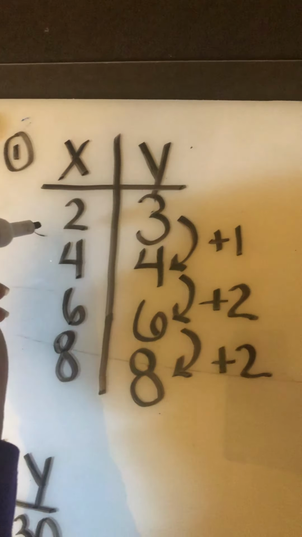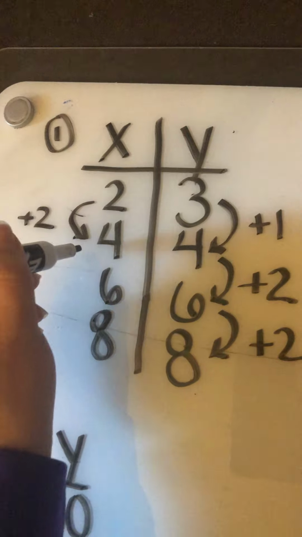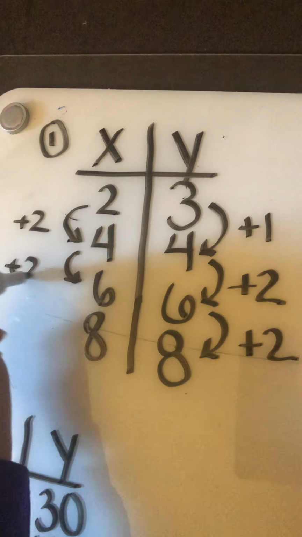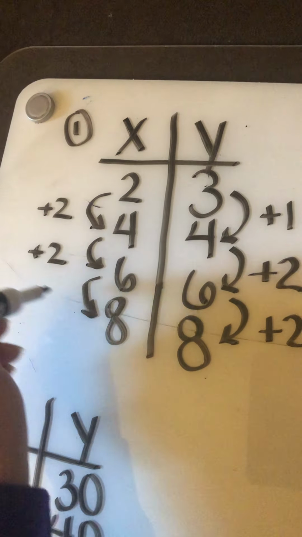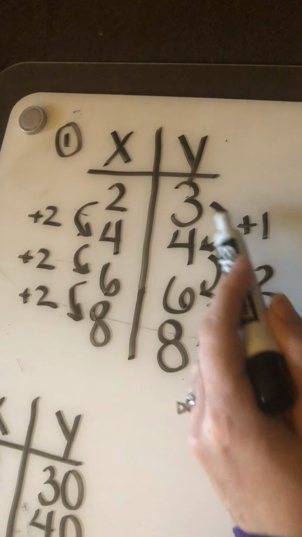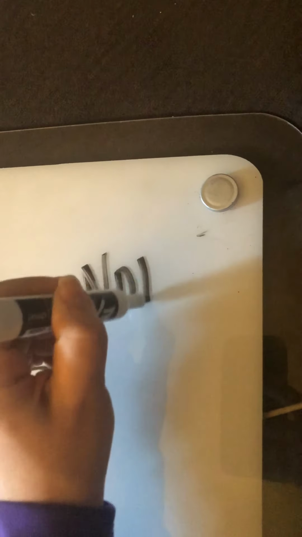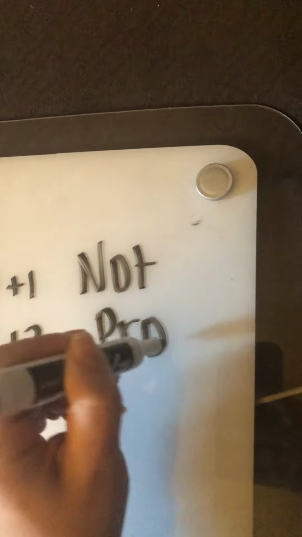So let's see. So from 2 to 4, it would be +2. From 4 to 6, it would be +2. And from 6 to 8, it would be +2. So because this first one doesn't follow the constant like the rest of the table, then this is not proportional.